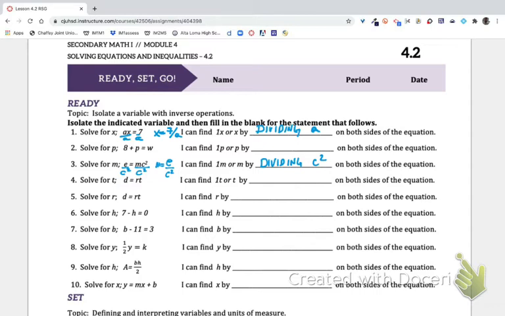A couple more. I don't know that I need to do all of the odds, so just to bounce around a little bit. For 7 minus h equals 0, if I wanted to isolate the h, the tricky part is that it's minus h. If I'm going to isolate it, that means it needs to be positive, it needs to be by itself.